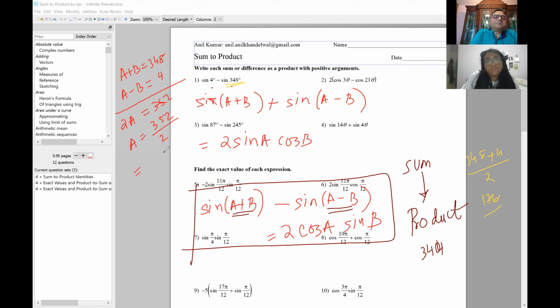So we could write this as sine 4 as sine of 176 minus 172 minus sine of 176 plus 172. Is that clear to you? All are in degrees. So when you do sine A plus B minus sine A minus B, you get 2 times cos A sine B, correct?